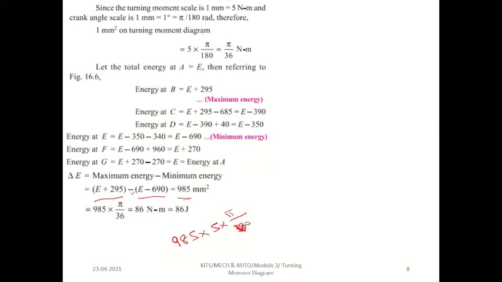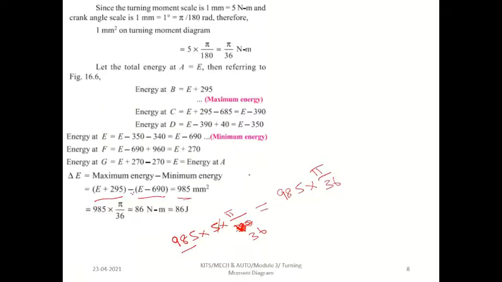Yeah, pi by 180. If we cancel, we will get 36, as they have written here, so we will have 985 into pi by 36.